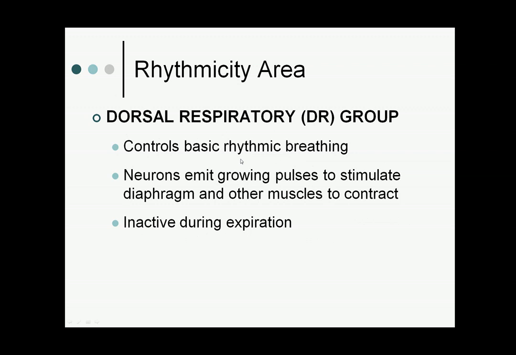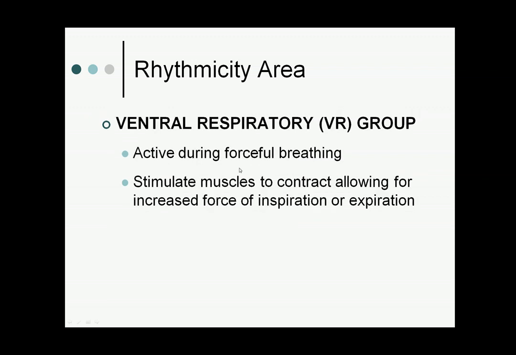There are two groups, the dorsal respiratory group, and this just refers to the location in the brainstem. This is controlling rhythmic breathing, so dorsal is rhythmic breathing, just normal breathing. And ventral is active during forceful breathing, so there's a difference between these two. Ventral is forceful, dorsal is just rhythmic, involuntary breathing.